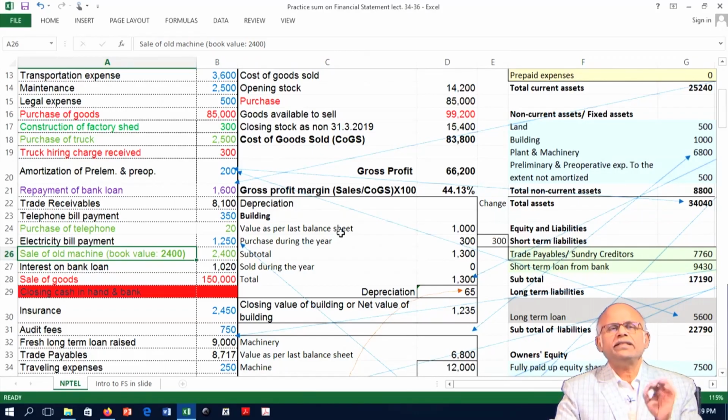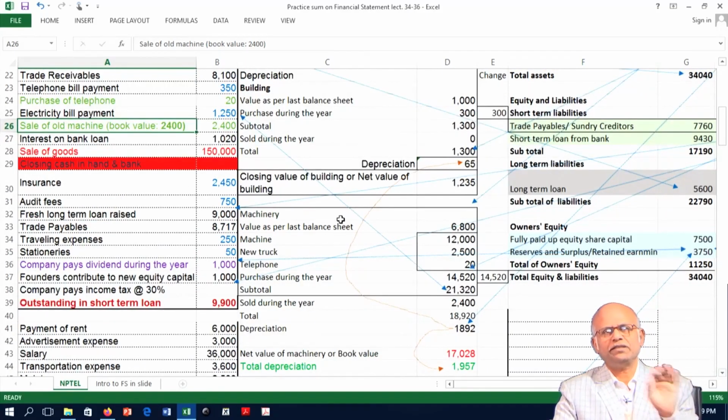That means we have neither incurred any capital loss nor made any capital profit, because whatever was there in the balance sheet, we have sold it at that value. I kept it that way just for simplicity, otherwise it will make more complexity. Remember that accounting is very simple, it is not at all difficult, but there are too many things to understand and remember.